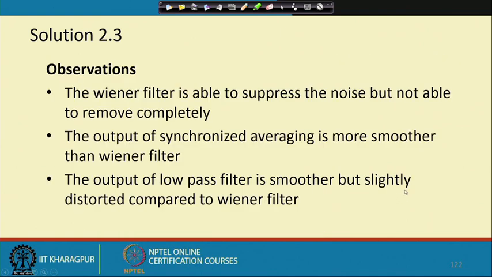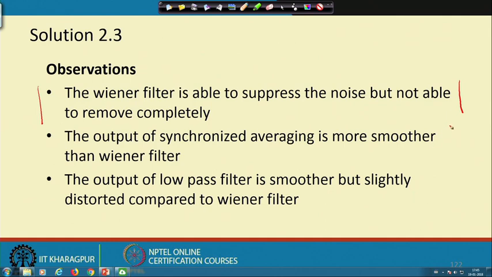So, at the end we summarize the whole thing. First, the Wiener filter is able to suppress the noise, but not able to remove it completely. A little remnant is there, and that is because there is some overlap in the spectrum of the signal and the noise. We would not like to sacrifice that part of the signal, so we are accepting a little part of the noise.